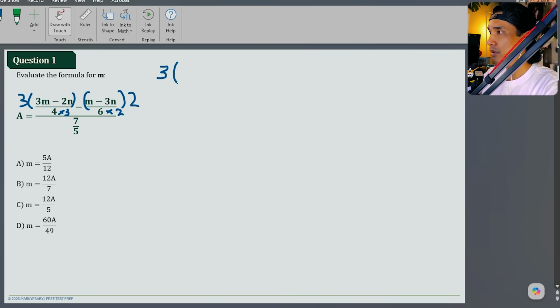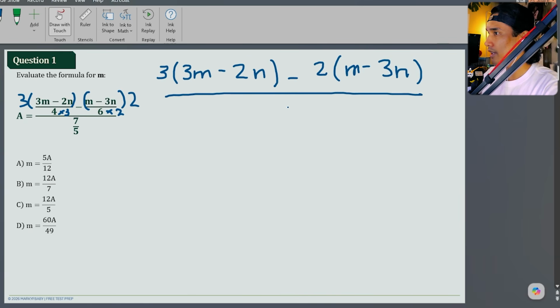You could probably do this in your head when you have mastered this. You could do this really fast. So then you have everything over 12. These are now combined because we have a common denominator.